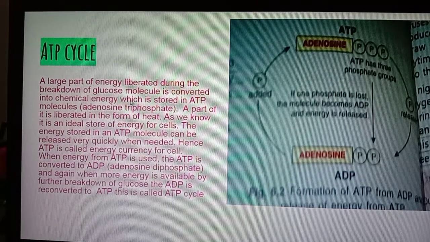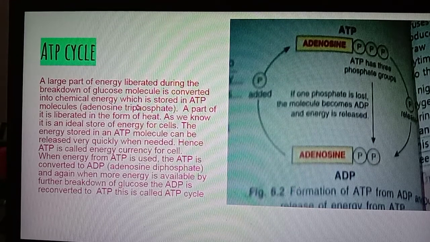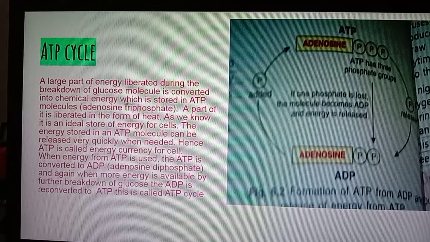A large part of energy is liberated during the breakdown of a glucose molecule. We have seen before that 38 molecules of ATP are formed after the breakdown of a glucose molecule. So this glucose molecule is converted into chemical energy, and this chemical energy is stored in ATP molecules.